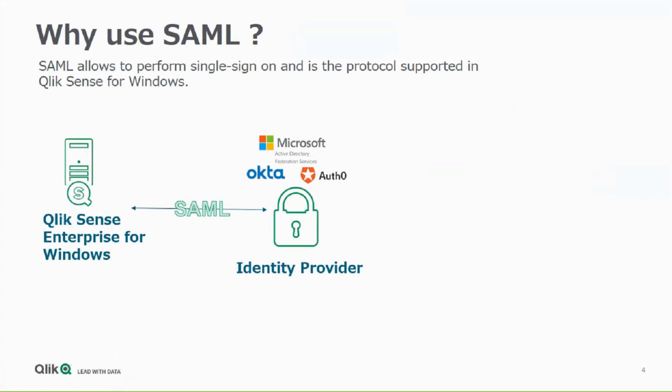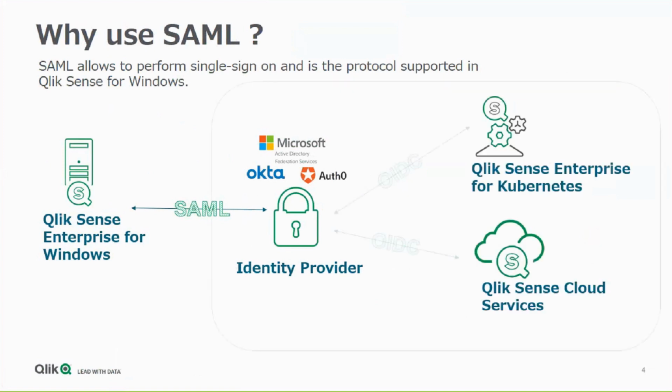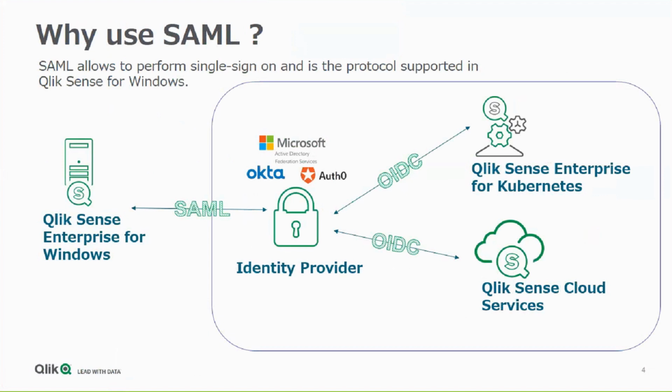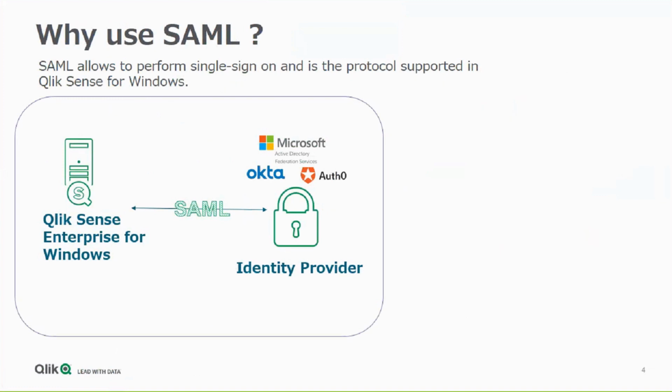So we can have the same identity provider connected with SAML on Qlik Sense Enterprise for Windows, and we can connect that same identity provider to Qlik Sense Enterprise for Kubernetes or Qlik Sense Cloud Services with the OpenID Connect protocol. So today we're going to focus on integrating SAML with Qlik Sense for Windows.